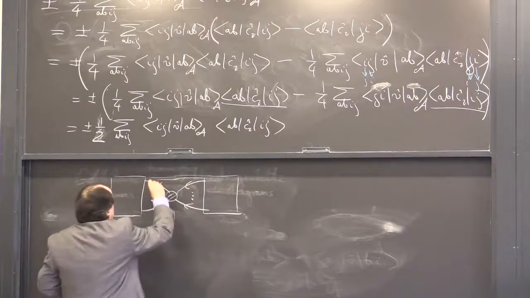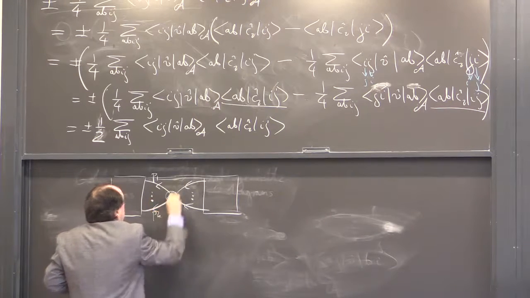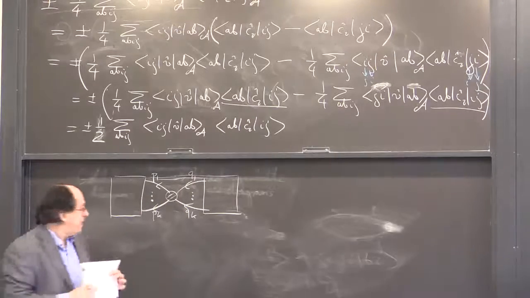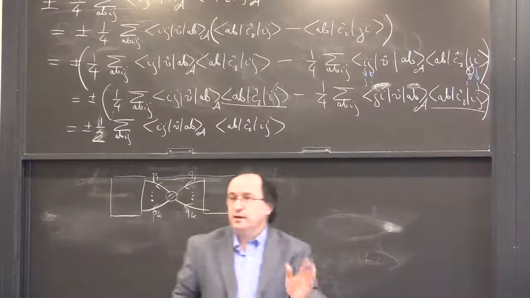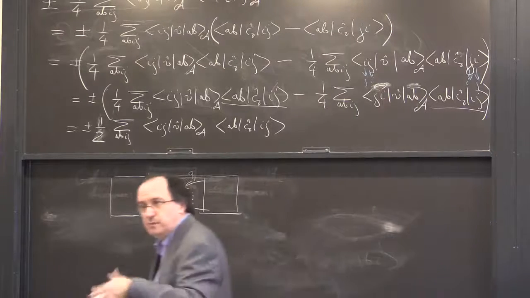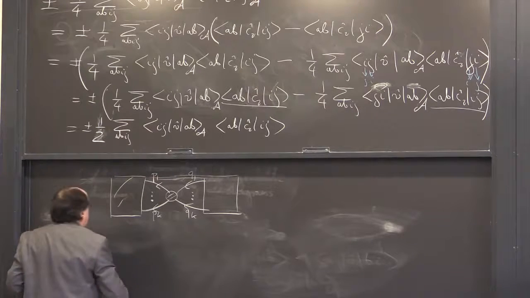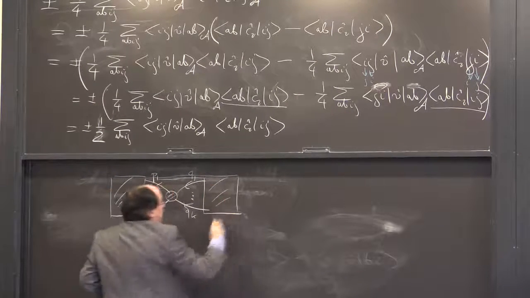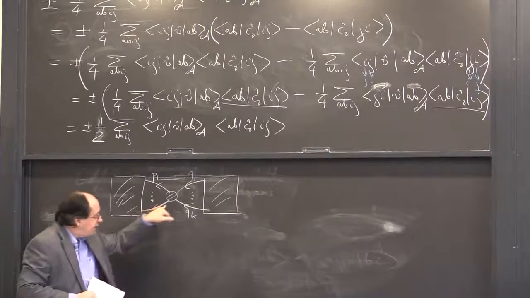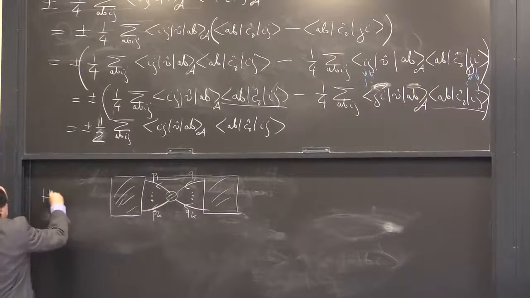I'm going to call them P1 through PK, Q1 through QK. The picture suggests that there may be particle lines here, but they're not necessary. They could be particles or holes. I don't know if they're even internal or external, because I'm really not telling you what's here and what's here. So let's imagine I have some very complicated diagram, and I'm just trying to look at one specific vertex of it, and it's a Hugenholtz diagram.